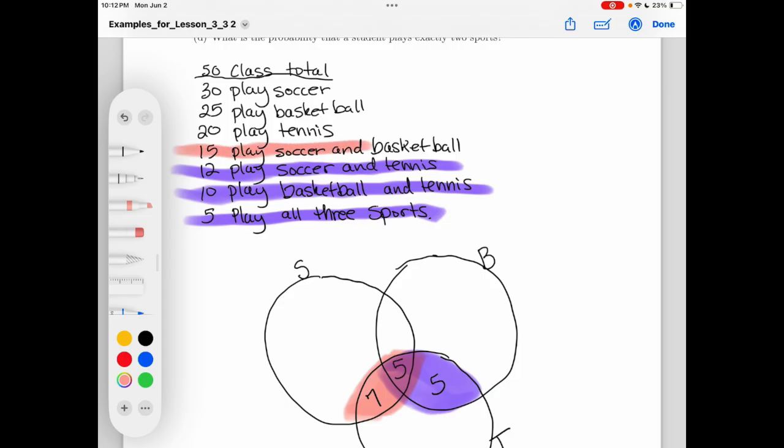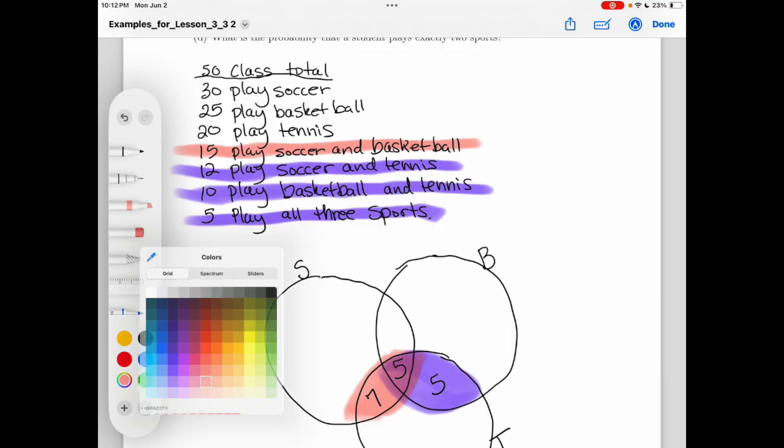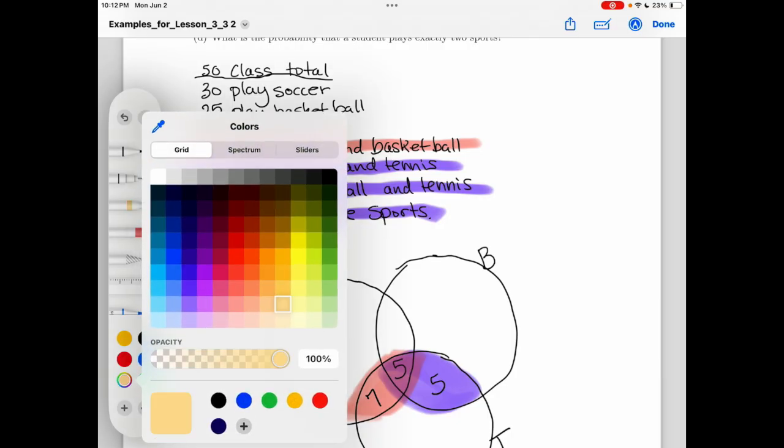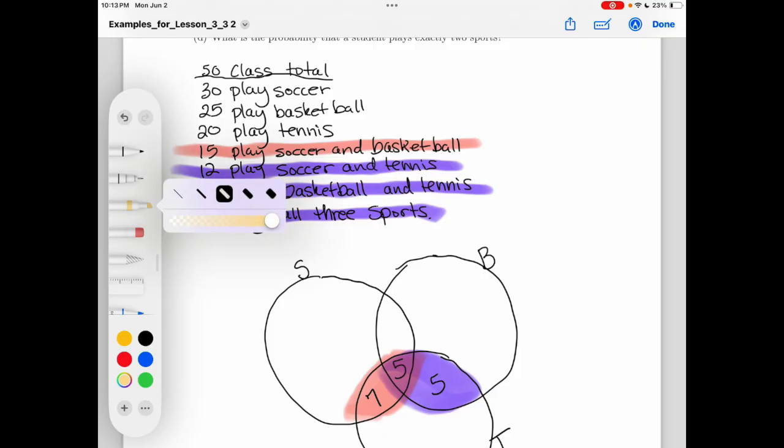Okay, let's look at the next group. We have 15 play soccer and basketball. Looking at the overlap of where we have soccer and basketball, that's this yellow area right here, including the 5. 15 play soccer and basketball.